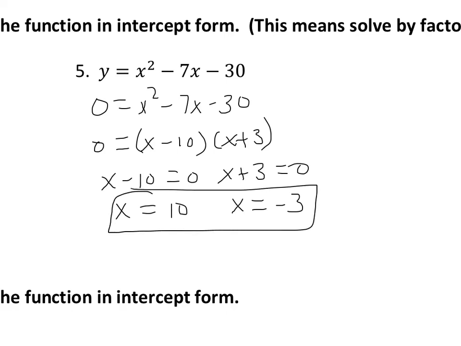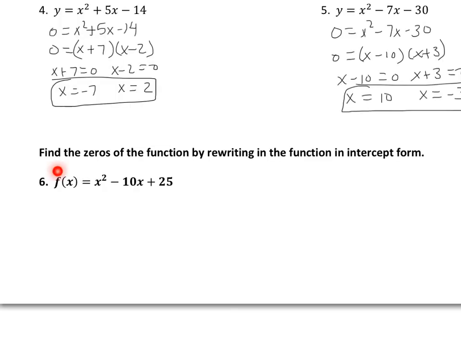Okay? Let's look at what the next questions are. It says, find the zeros of the function by rewriting the function in intercept form. Cross that off. Okay, so remember, guys, f of x is the same thing as y.